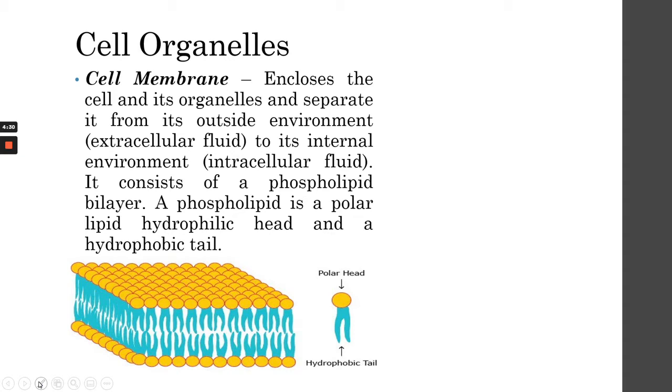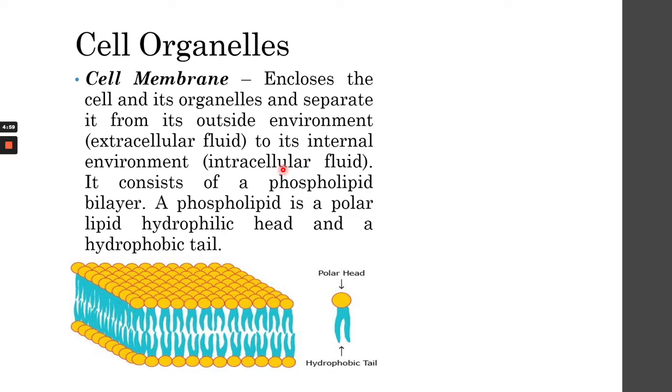The reason for the isolation of the internal structure of the cell from its environment: we call the outside environment the extracellular fluid, and the internal environment of the cell the intracellular fluid. The cell membrane is responsible for separating the extracellular fluid from the intracellular fluid.